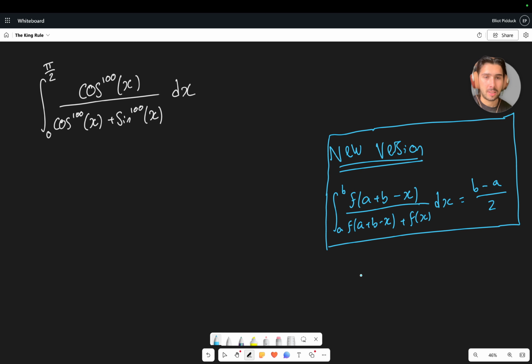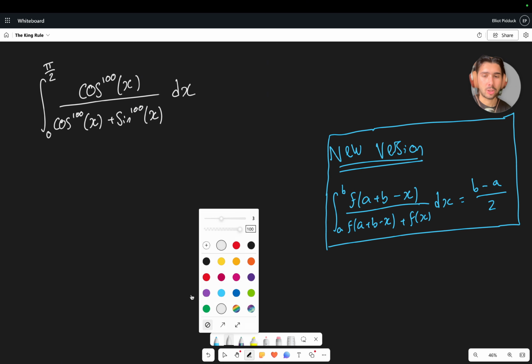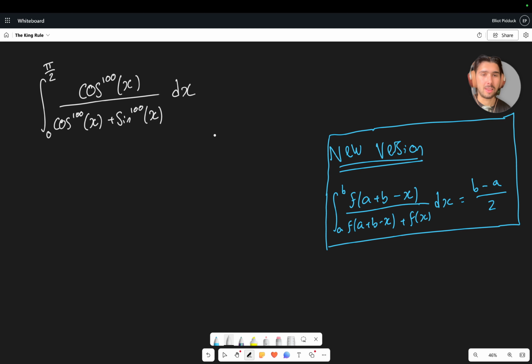Now, you guys can see it's not immediately obvious, but actually the integral is indeed in the right form, because cos and sine have this nice relationship between themselves. So remember, cos x, I can rewrite that as sine, still to the power of 100, of pi over 2 minus x.